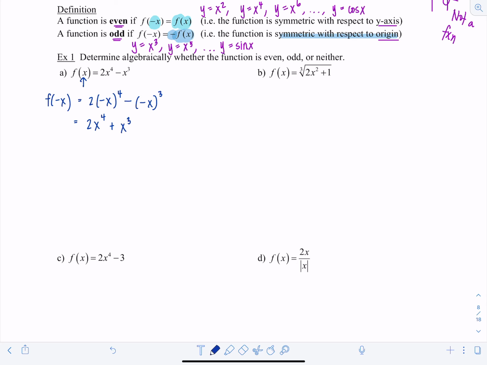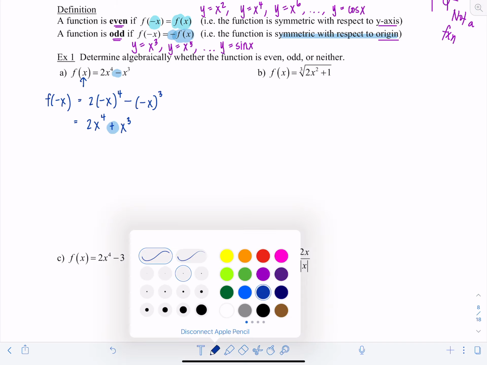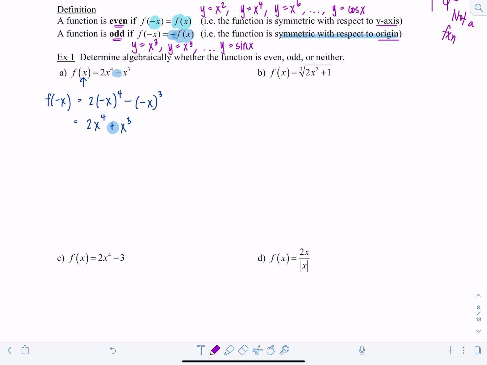All right, what I can tell right off the bat is that this is not the same as the original. The original had minus x cubed, this had plus x cubed. So I can tell for sure it's not even, right? It's not the same as original f of x. Is it odd? What is the opposite of f of x, or negative f of x? Well, you would have to take the entire function and multiply it by negative 1, in which case it would become negative 2x to the fourth plus x cubed.